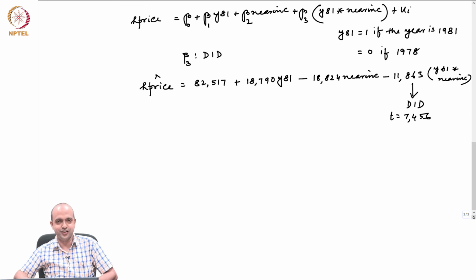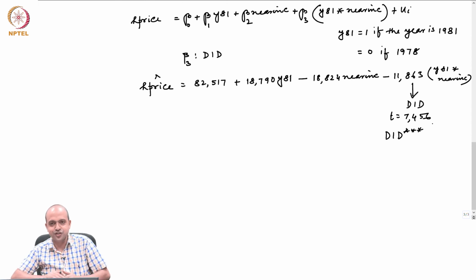This is the advantage. This 7.456 shows that this variable, this DID, is highly significant at the 1% level. Okay, that is the advantage of this model.